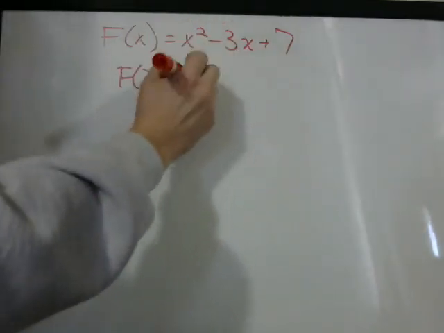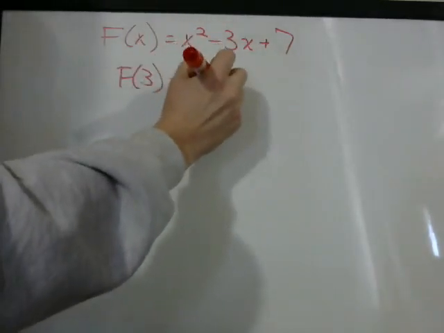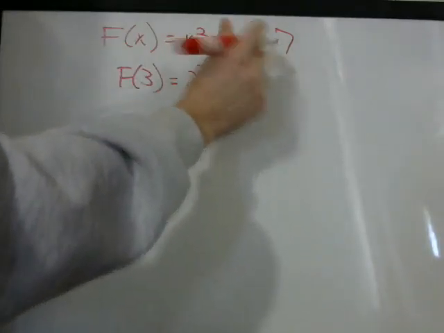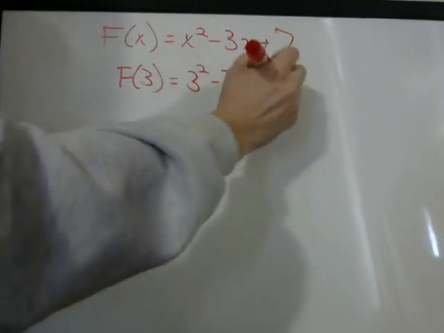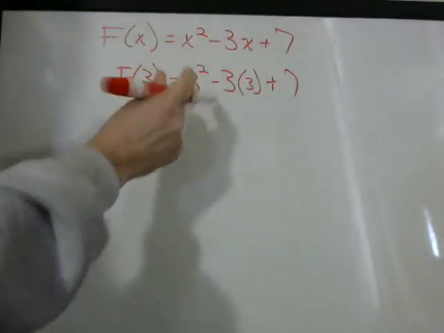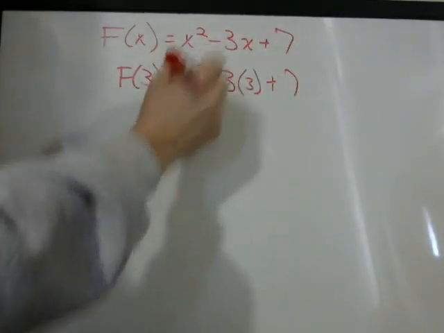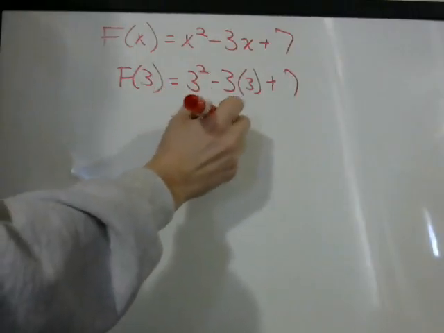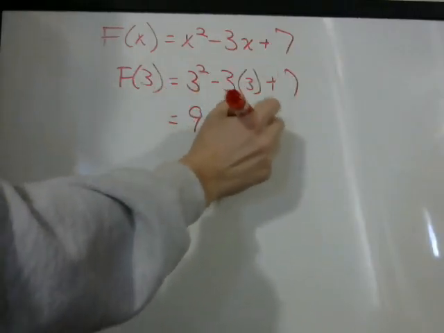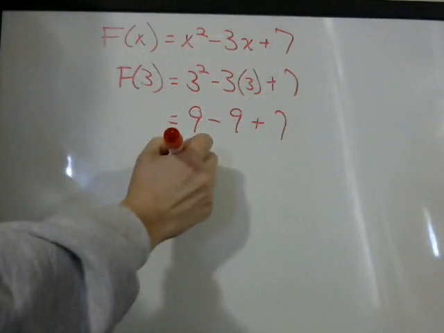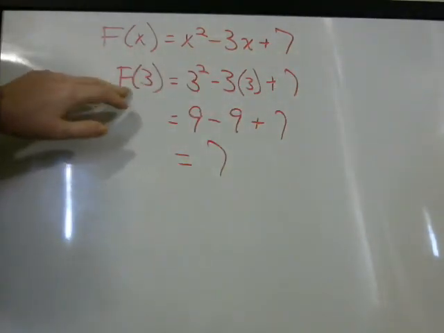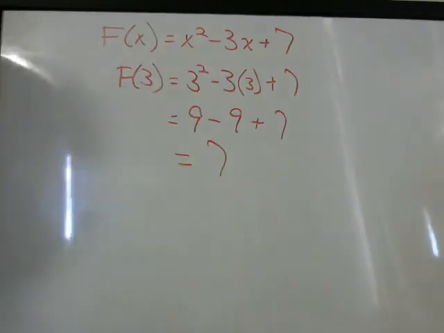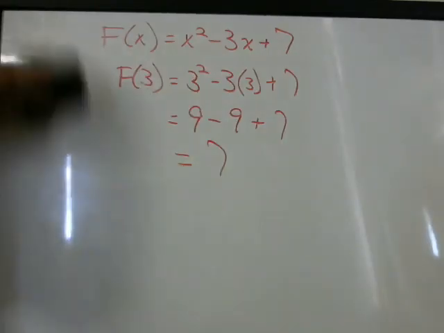So instead of x squared, you're going to say 3 squared, minus 3 times, instead of x, 3. Because remember, 3x means 3 times x, plus 7. Then you just evaluate that. 3 squared is 9. 3 times 3 is 9, plus 7. 9 minus 9 plus 7 just equals 7. So the answer, what is f of 3? It's 7. We'll do one more.